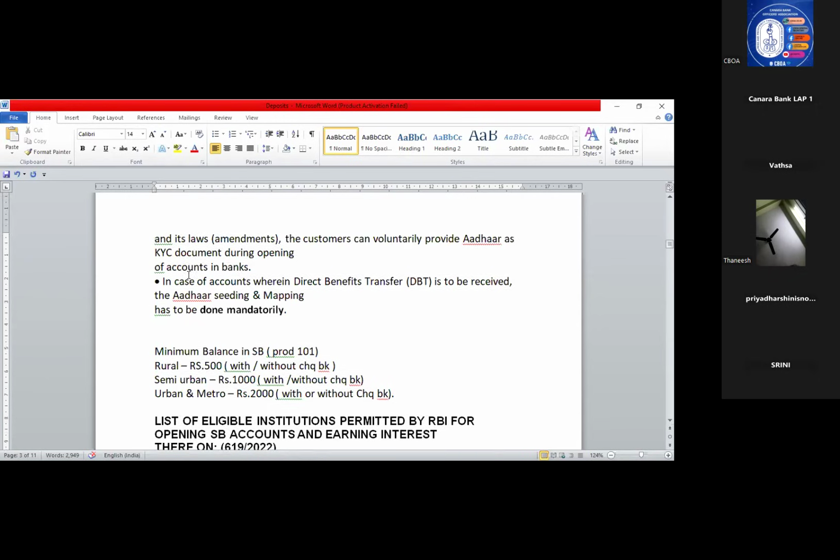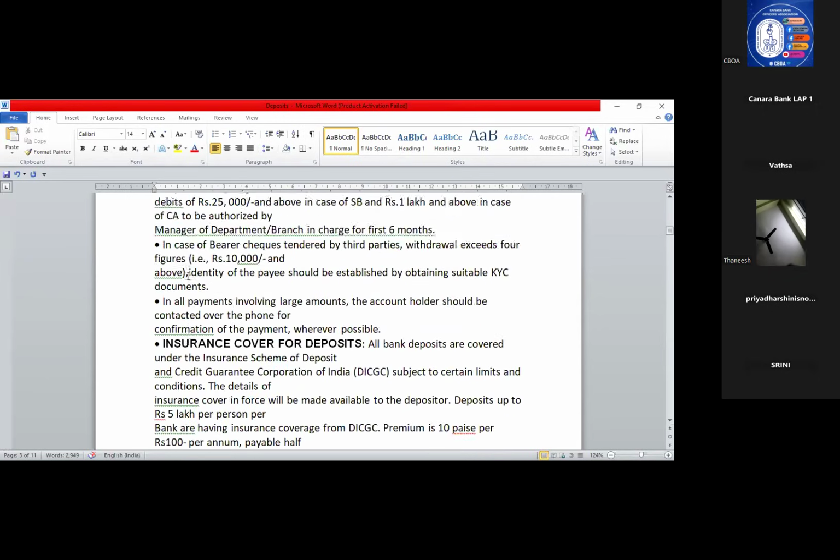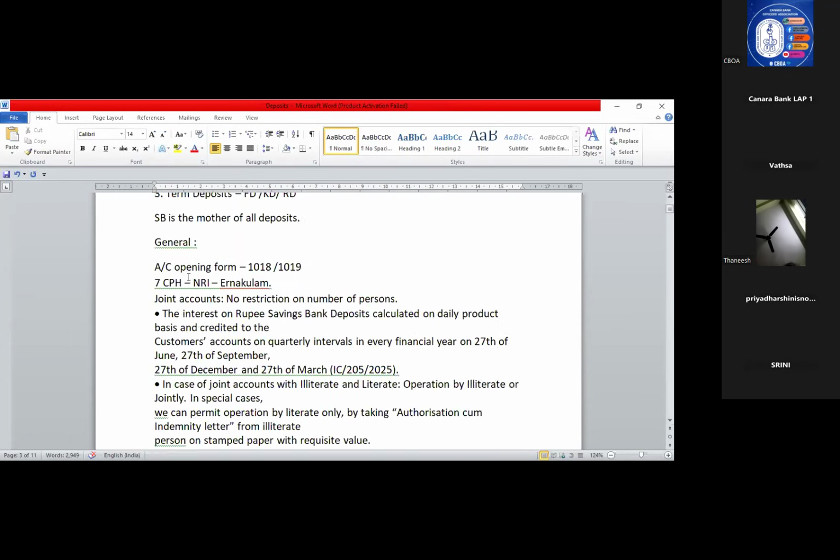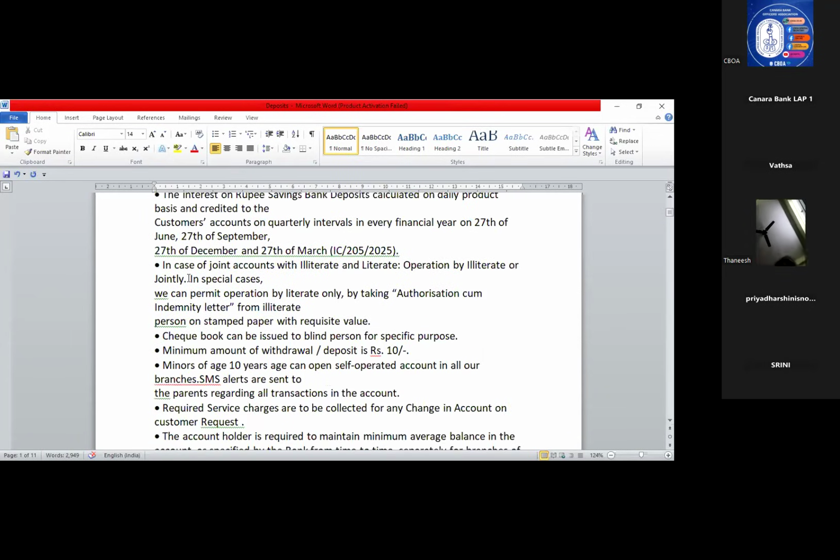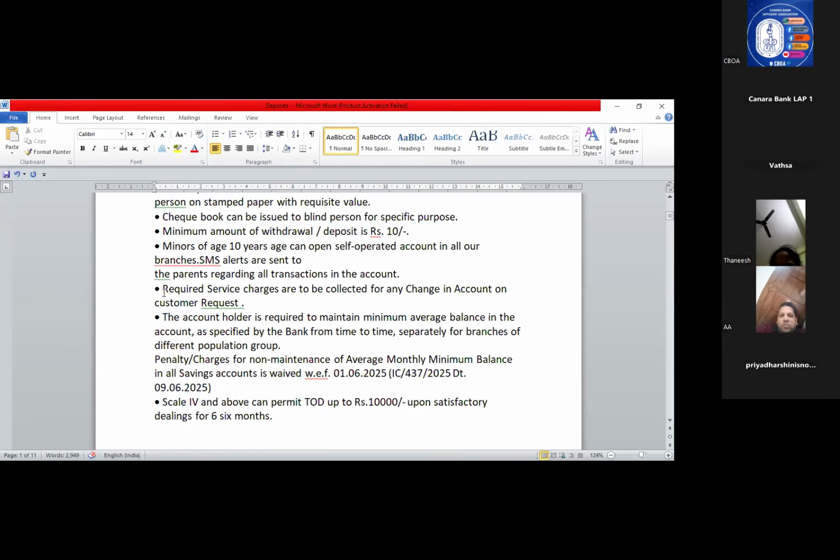Okay. See, these are all, everybody knows these conditions, but still we are repeating because from the examination point of view, they may ask about this when the interest is being credited. In the literate accounts, how you have to operate the account, what should be the condition, or whether checkbook can be issued to the blind person, that they can ask.